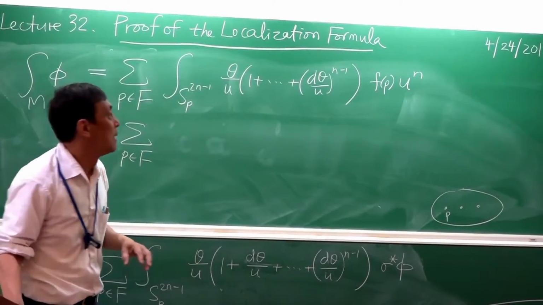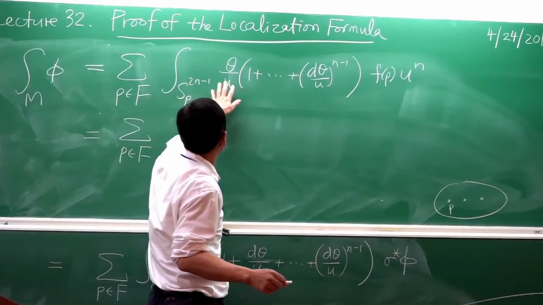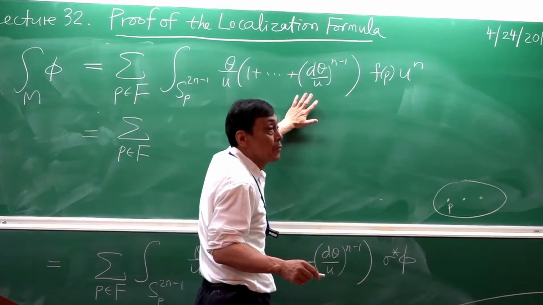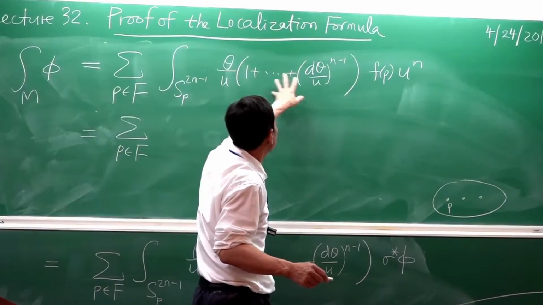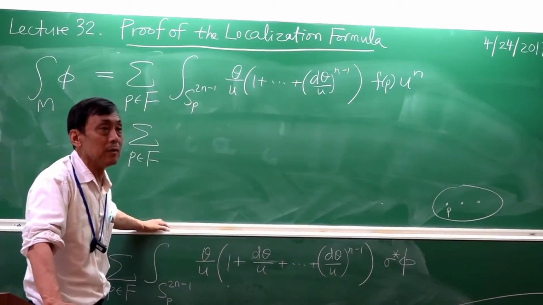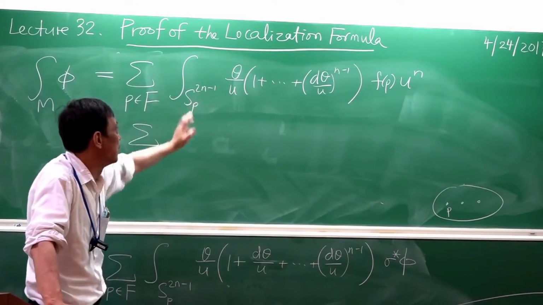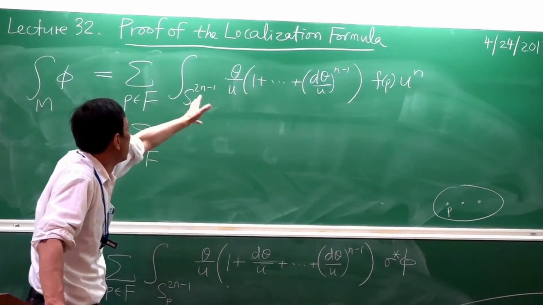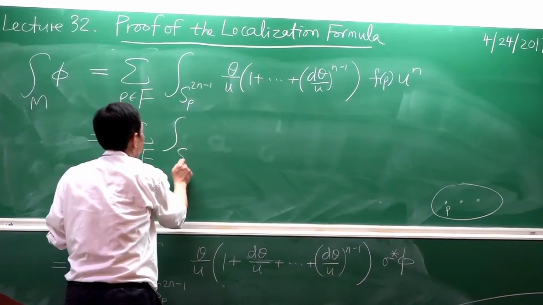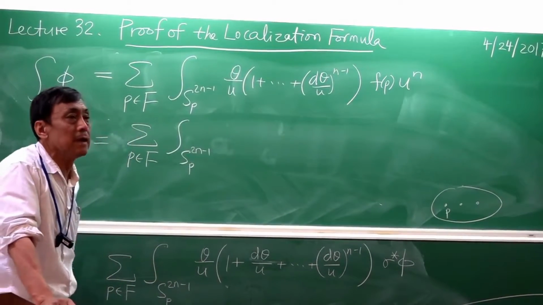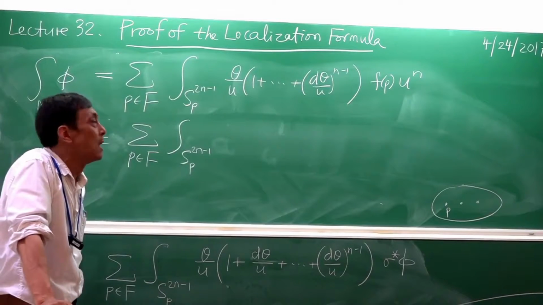Now, when you integrate, right, you leave that u alone, so you're only integrating the form. So actually, there's only one term that you are integrating, right? Because everything else will be zero for degree reasons. What is the single term that you are integrating?